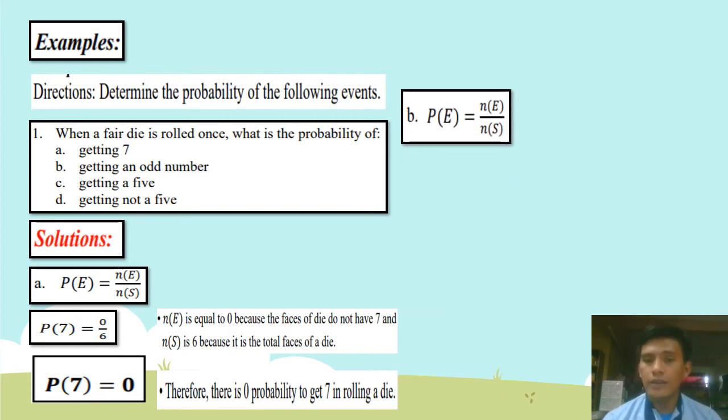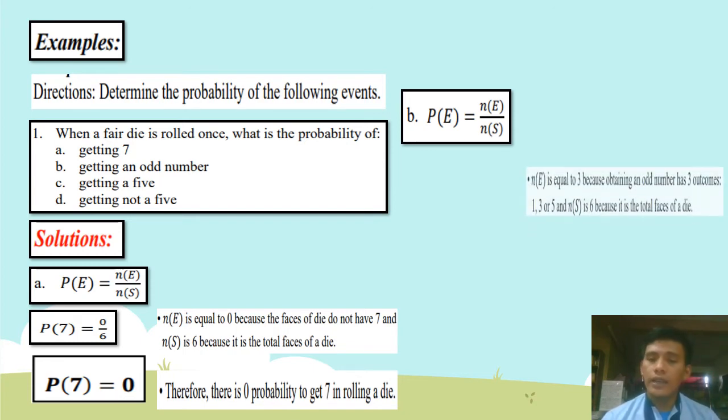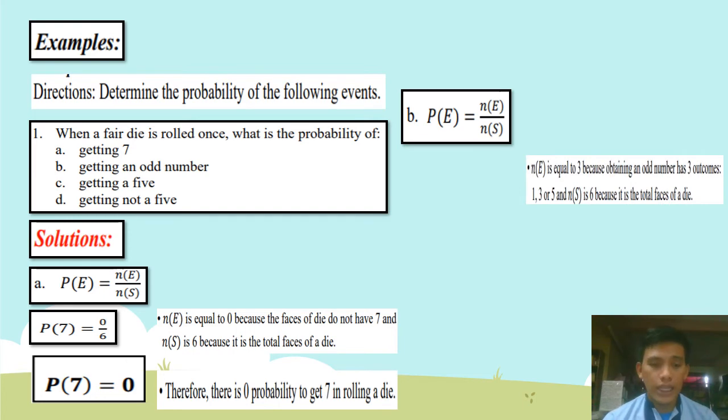For letter B, same formula. Our N(E) is equal to 3 because obtaining an odd number has 3 outcomes. What are those odd numbers? That will be 1, 3, 5. Those are odd numbers.